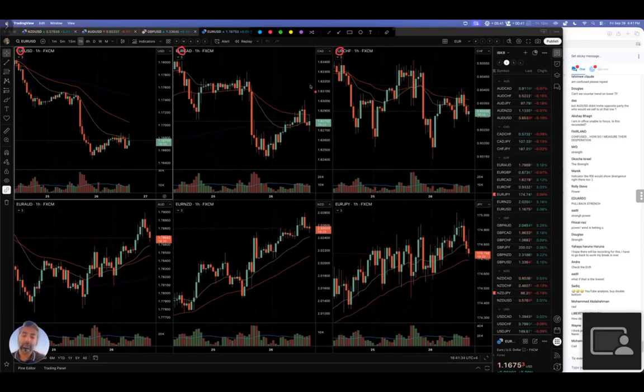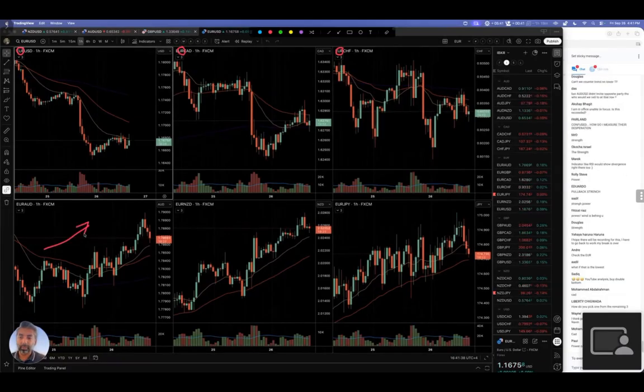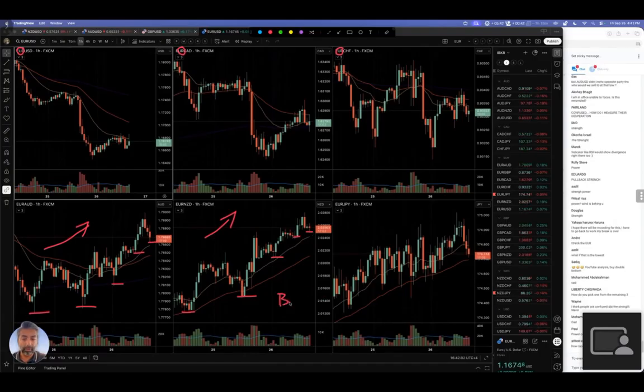If I start from the bottom, Euro Aussie, and do the detailed analysis, I can see it's upwards, but I see this low is the same, a little bit higher, a little bit higher, a little bit higher. This one is also upwards. This low, higher, great. Higher, great. Higher, and here we are. This looks better.